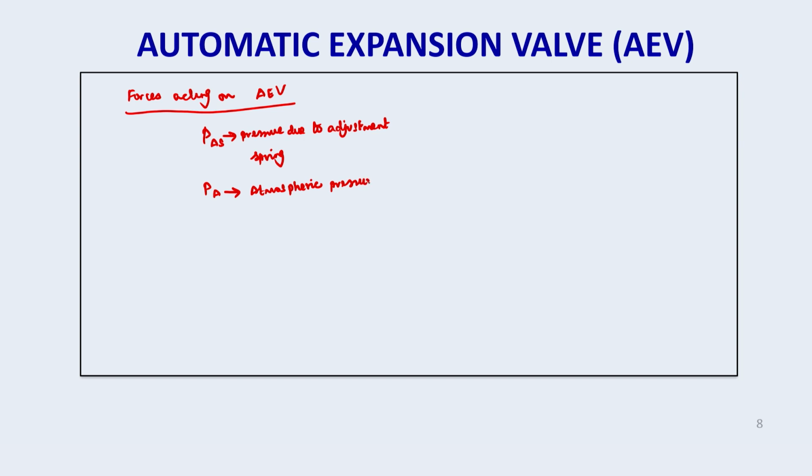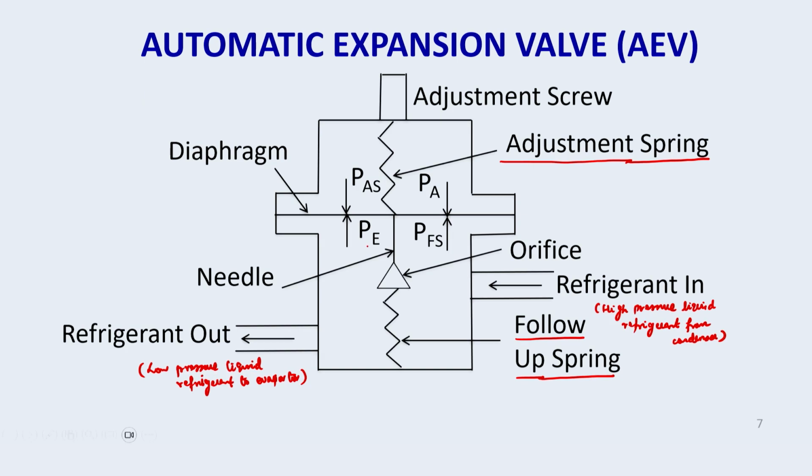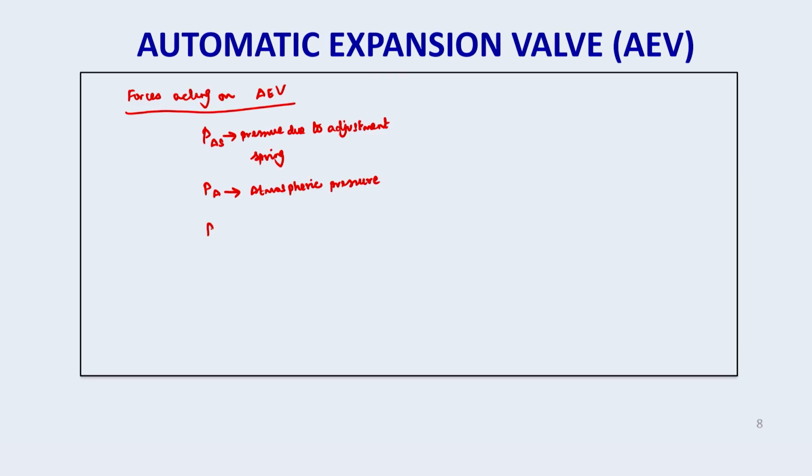Next one is PE, evaporator pressure. And PFS, pressure due to follow-up spring. This is adjustment spring.